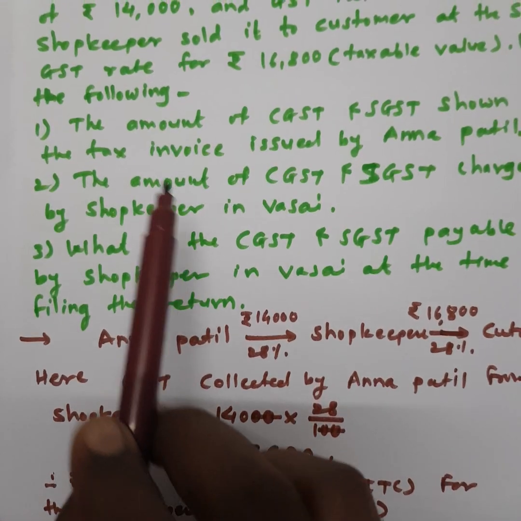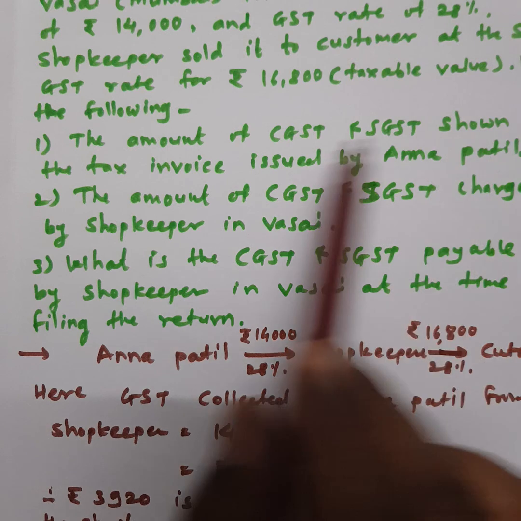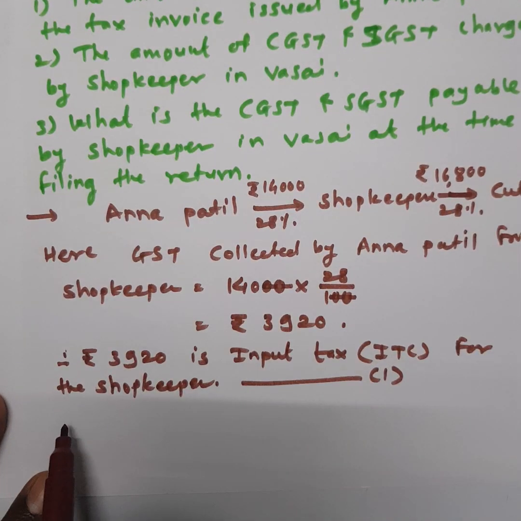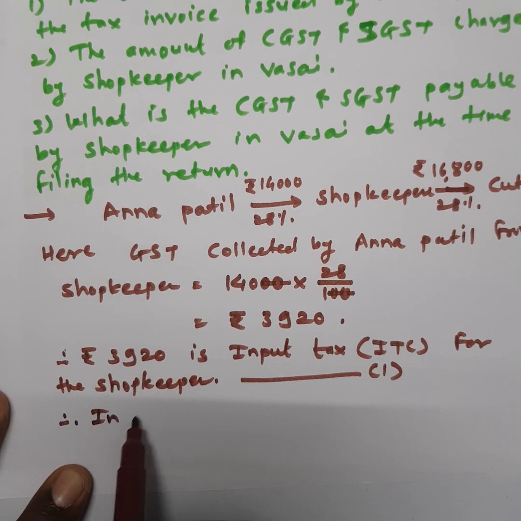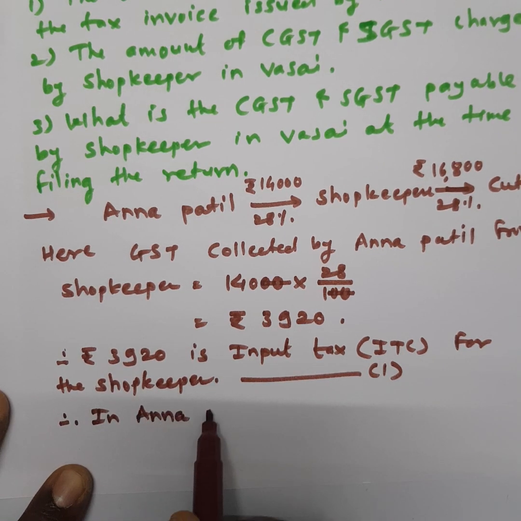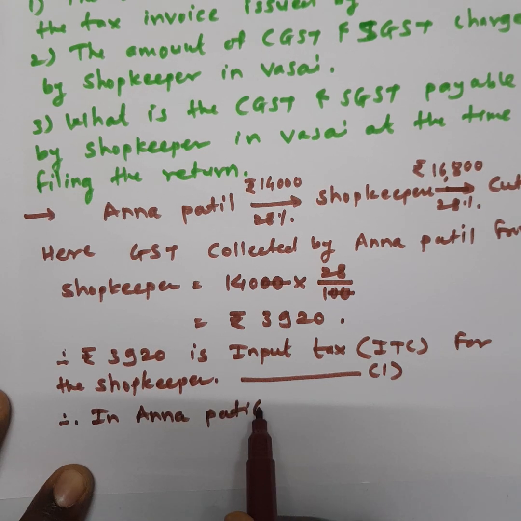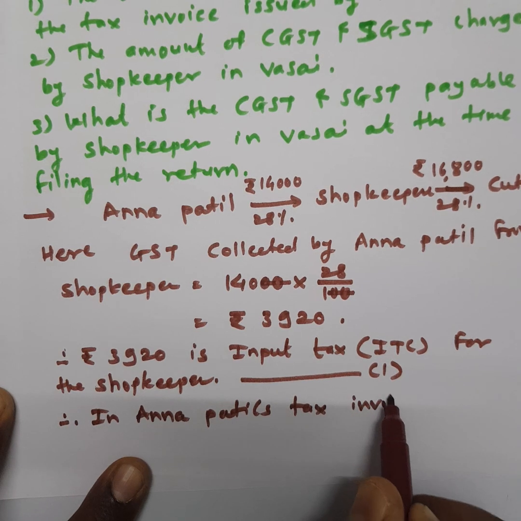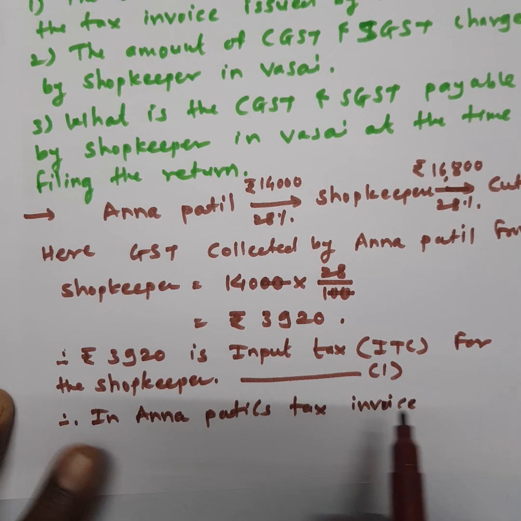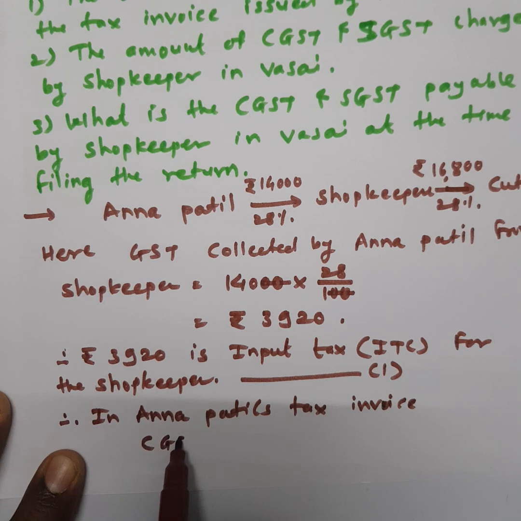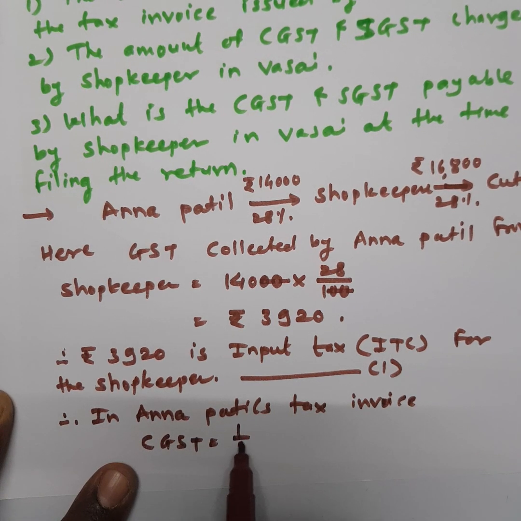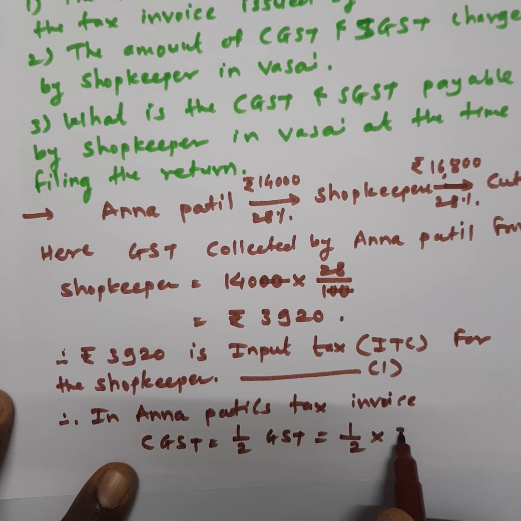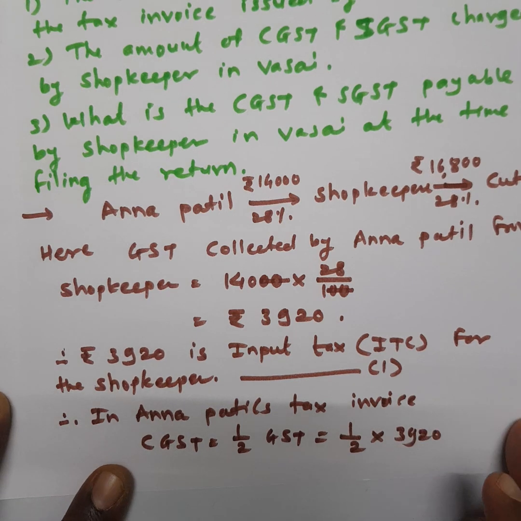We have the first question: the amount of CGST and SGST shown in the tax invoice issued by Anna Patil. Therefore, in Anna Patil's tax invoice, CGST is equal to 1/2 into GST, that is 1/2 into 3920.